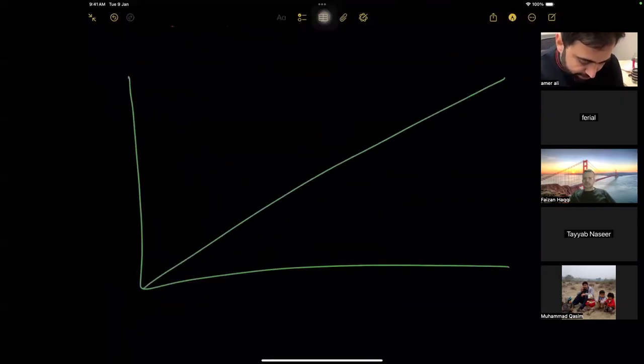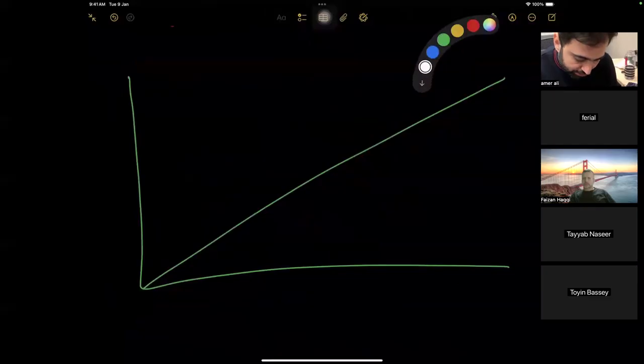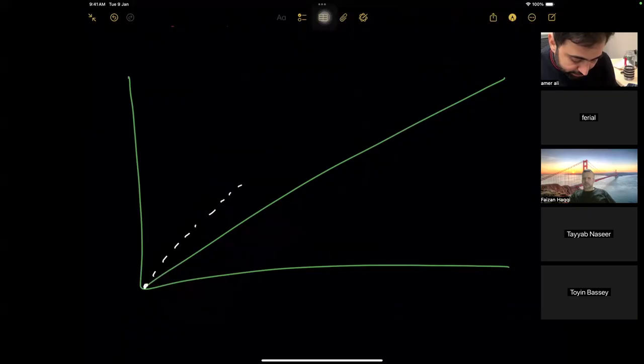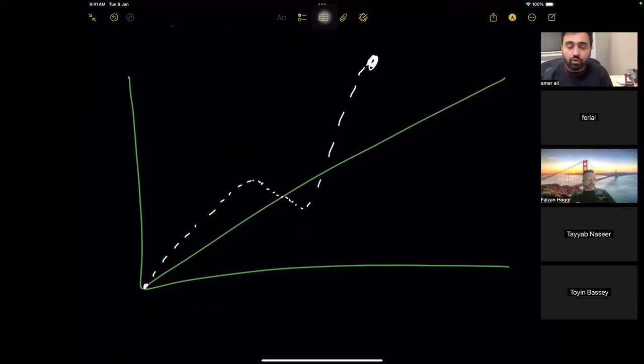This is planned. This is your actual work. You are going like this, and suddenly you go up, something out of the way that takes you out of the scope. So what has happened here? Spike.